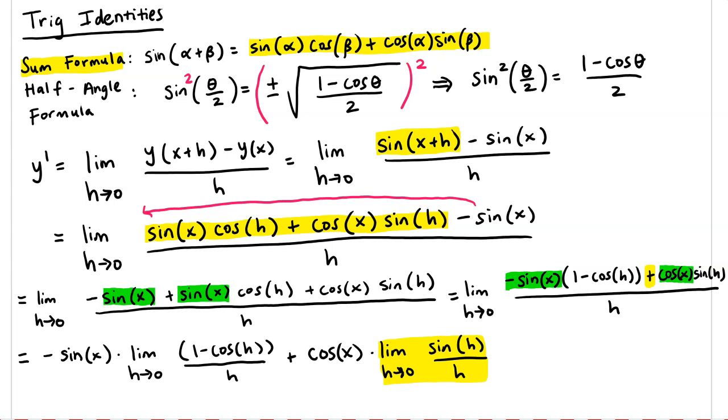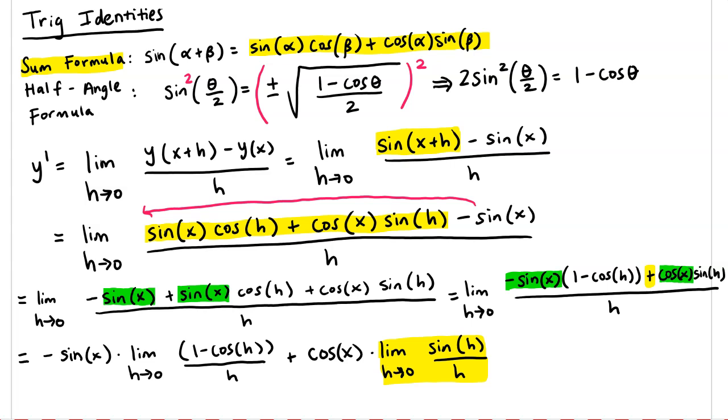And my goal in this equation is to solve for 1 minus cosine of theta. If I isolate that, I can multiply both sides of that identity by 2, and so now we can see that 1 minus cosine of theta is equal to 2 times sine squared theta over 2.